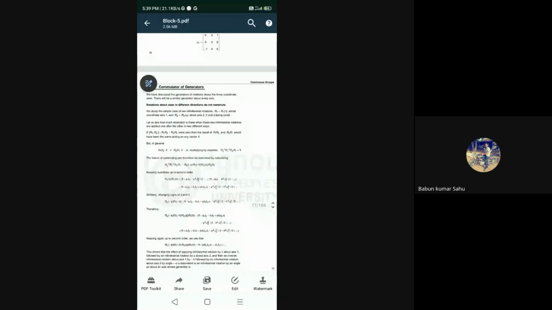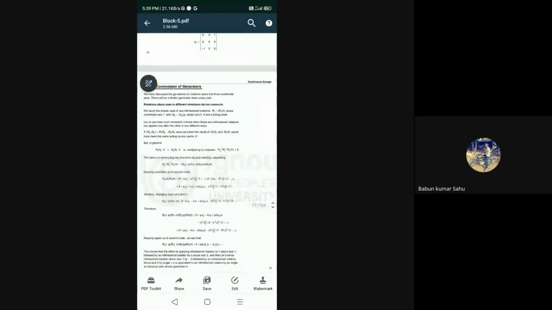So this is the explanation as shown on the screen, and you can find that J2 J1 minus J1 J2 is equal to minus J3. So the resulting rotation axis is the negative 3 axis. We have taken rotations about the coordinate axes, but one could take any arbitrary directions and obtain similar relations between generators.